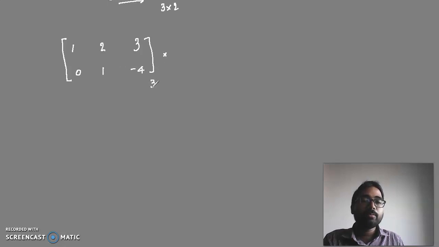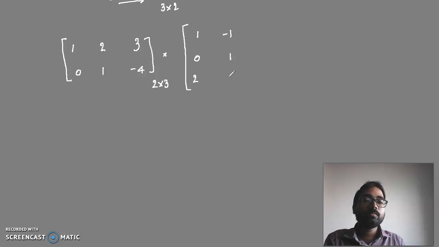We have 2 rows, first row, second row, and 3 columns. And let us take a 3 by 2 matrix: 1, minus 1, 0, 1, 2, 3, for example. So this is a 3 by 2 matrix.